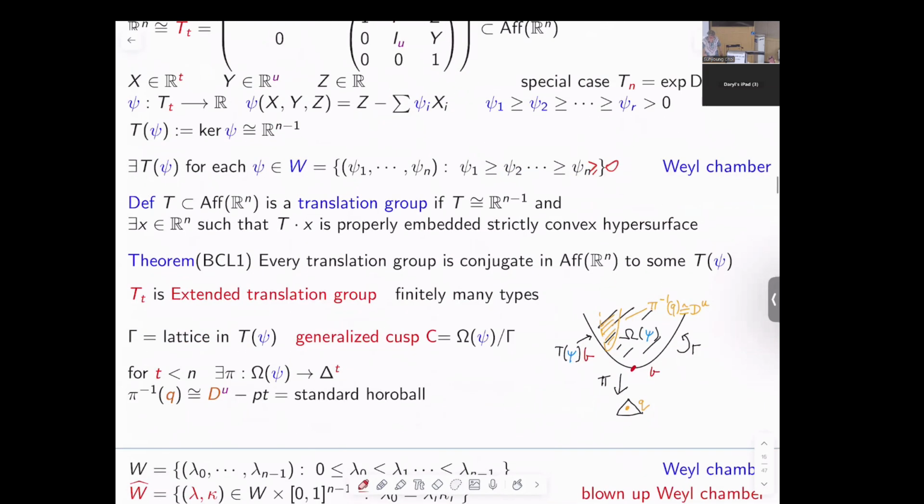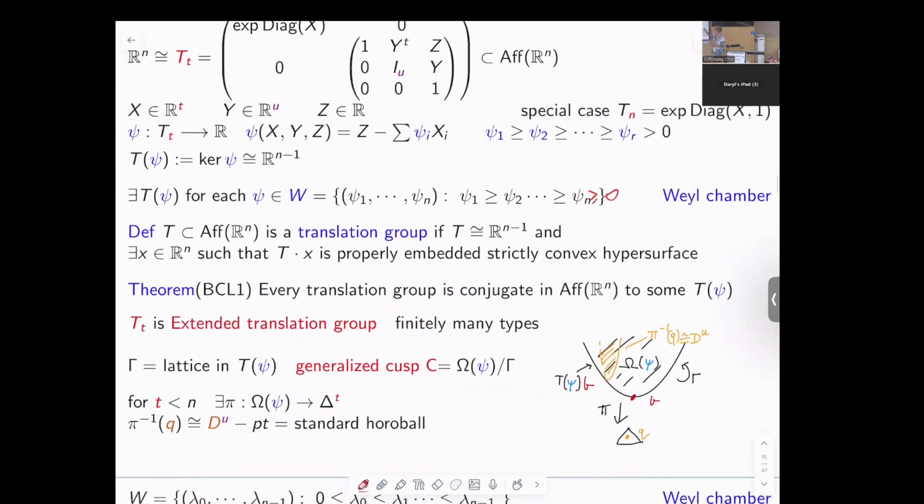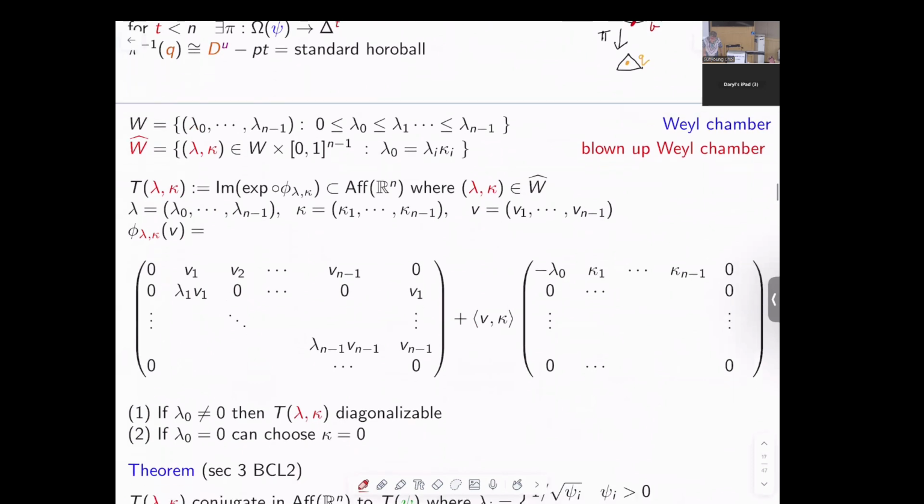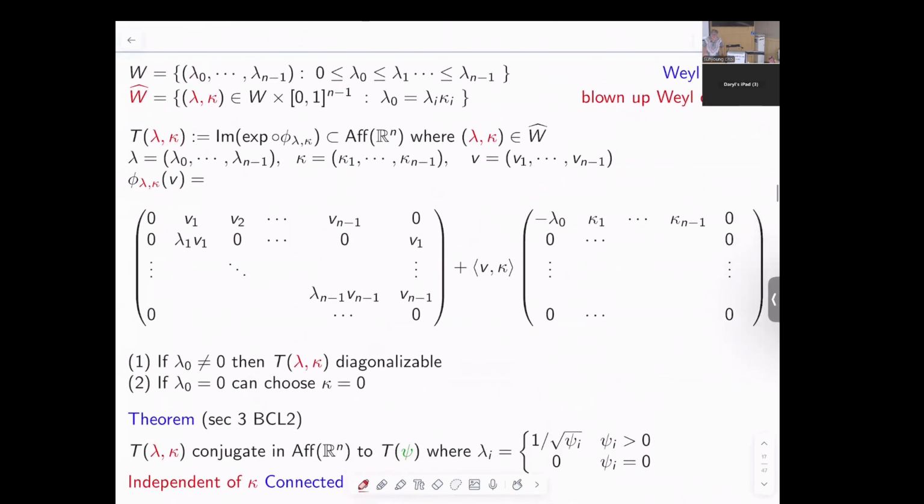So, in other words, this is the classification of generalized cusps. I've told you what they are. I now want to describe the moduli space. And it would be very nice. So if you think about hyperbolic structures on a surface, they're parameterized by points in Teichmüller space.